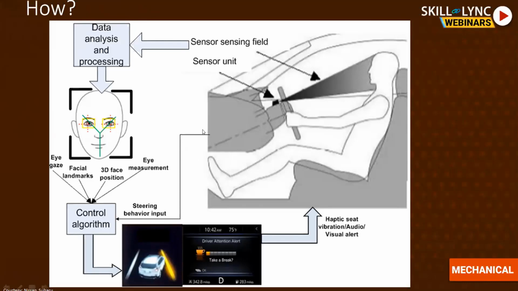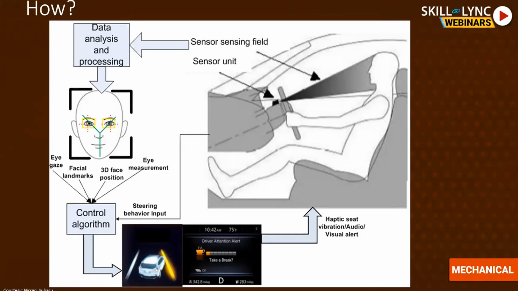And here we see that we can also get the steering behavior. The power steering technology that we have today can provide so much information that we can read, and a generic control algorithm uses all this information and makes decisions whether or not the driver is distracted and needs a time break, if the driver is drowsy or not.